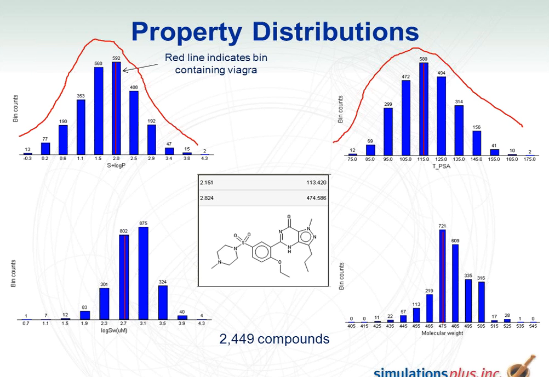So log P, we end up kind of on both sides, which is the kind of thing you want in your output. So the TPSA also transforms very nicely and looks like a Gaussian distribution. For the solubility, we've actually got a little bit more compounds with higher solubilities, but we've also increased the molecular weight a little bit here.